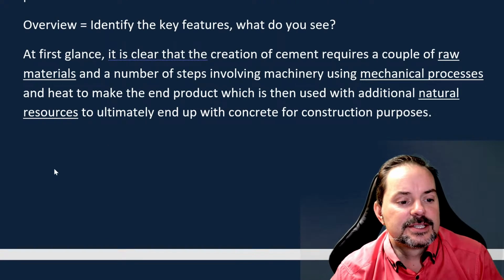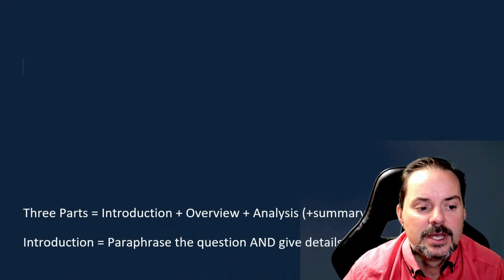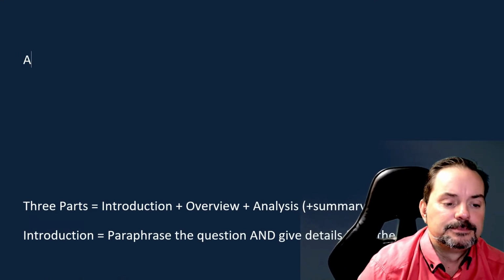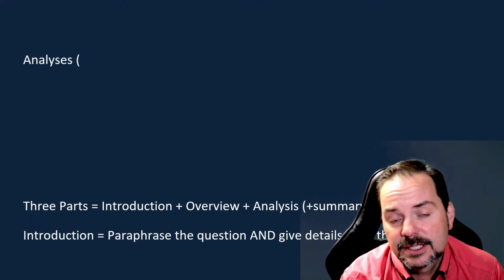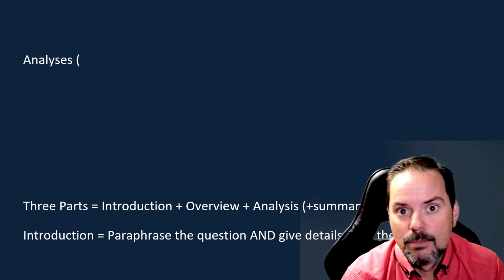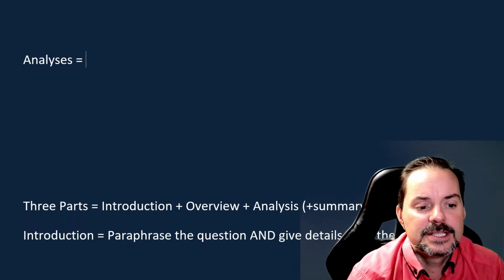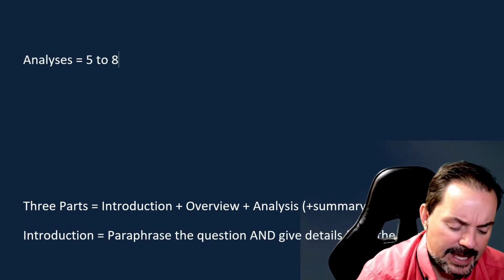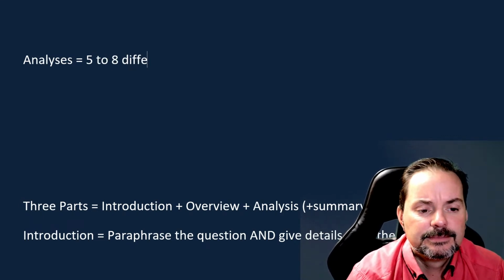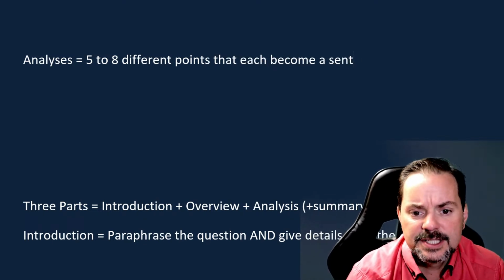Okay, so how should we start our analyses? So analyses, okay, for those of you who are a little bit newer to the IELTS Task 1, analyses is plural for analysis. We're doing multiple analysis, so analyses. It's usually about 5 to 8 different points that each become a sentence, roughly.